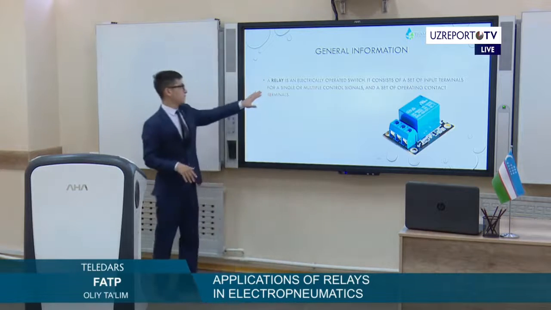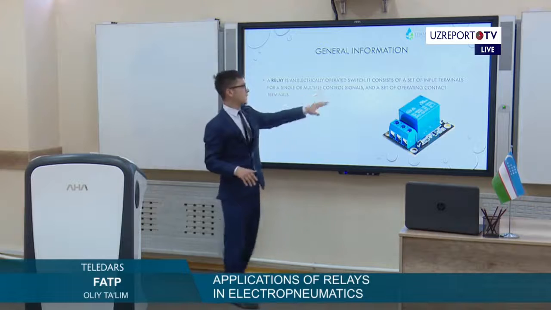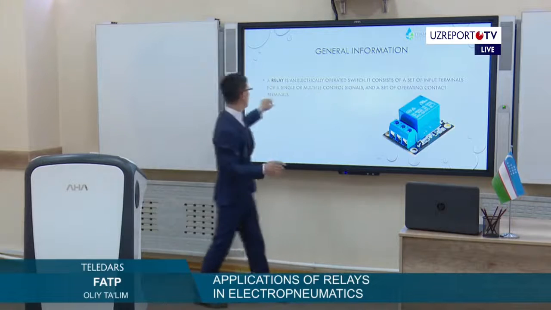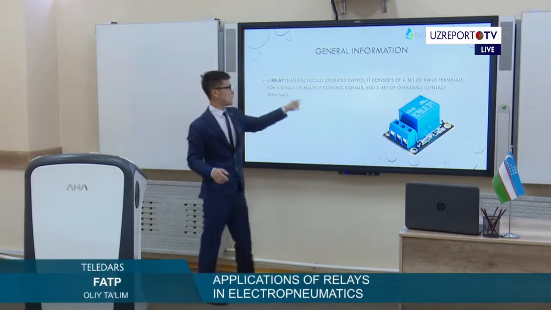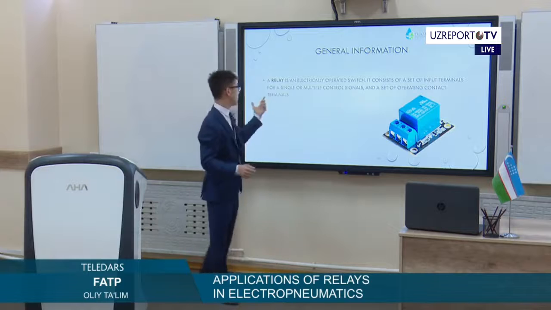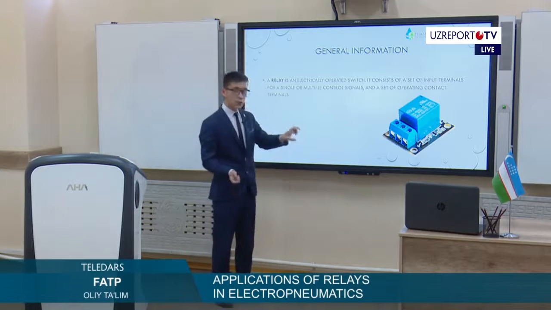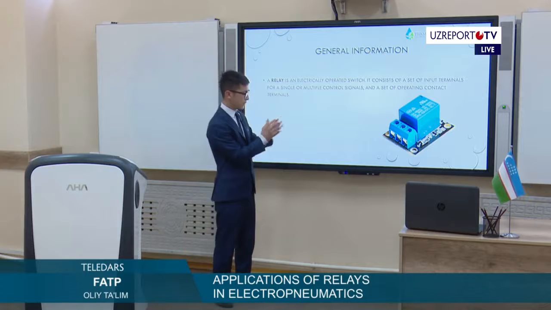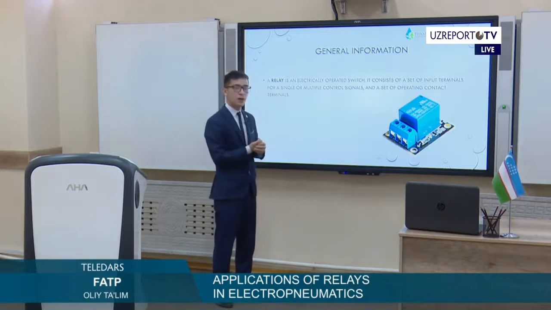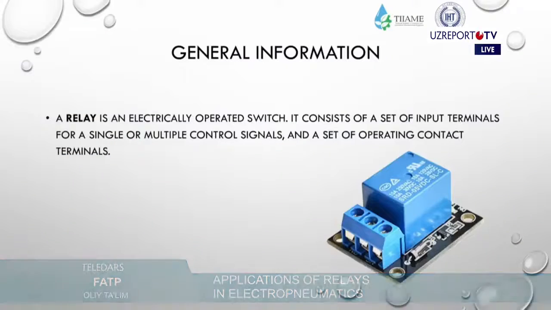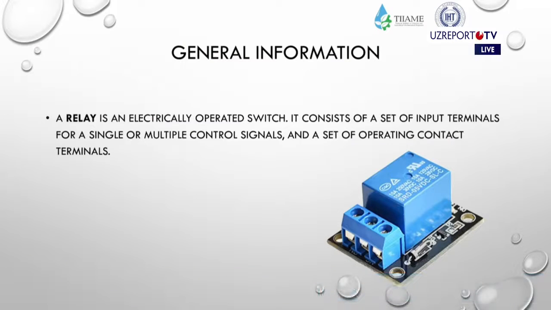Relay is an electrical operation switch. It consists of a set of input terminals for a single or multiple control signal and a set of operation contact terminals. It means that we have a coil. In a coil you make an electromagnetic action and it will move the contact key and then make an electric circulation. Very simple.